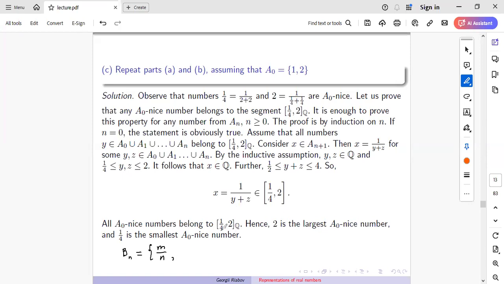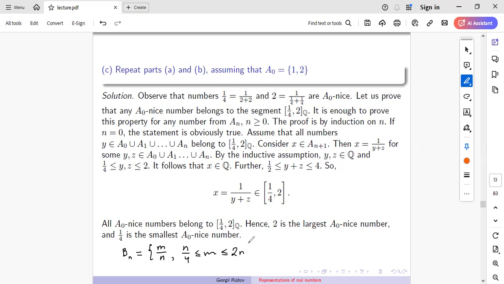Of course, we will want to prove that actually this segment is the set of all A0 nice numbers. So the condition on m and n will be n/4 less or equal to m less or equal to 2n.